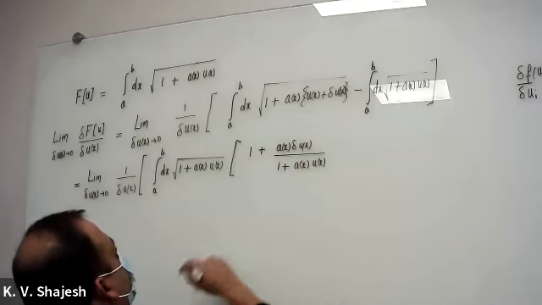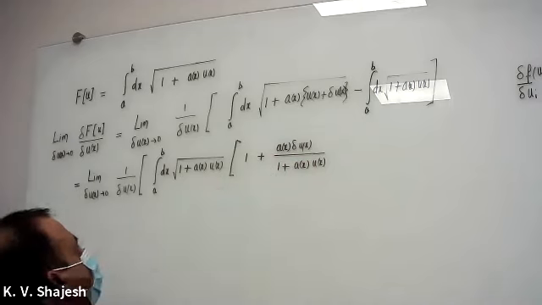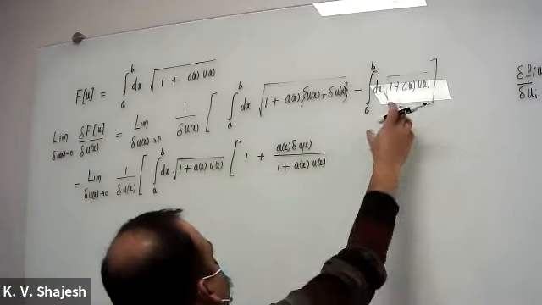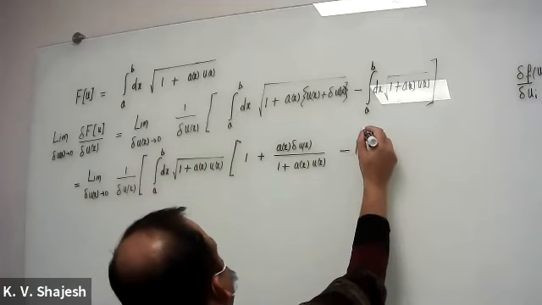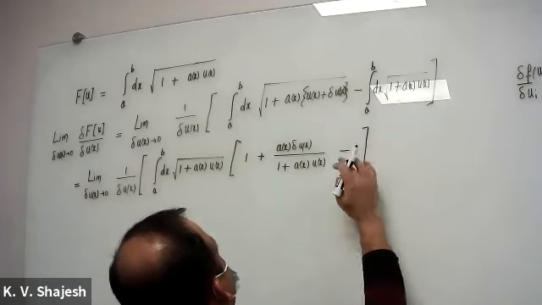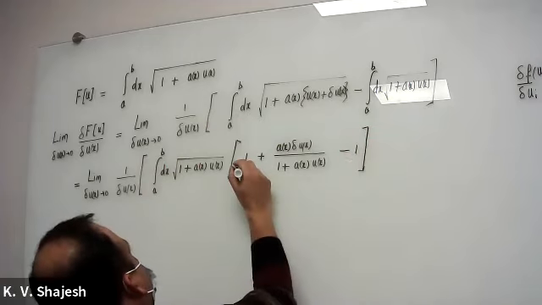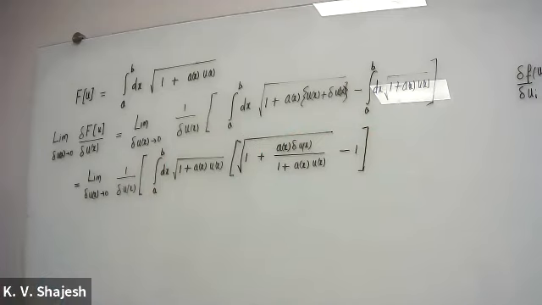So this is 1 plus that, and this whole thing has been already taken out, so this is minus 1. Did I do this correctly? No, there's a square root also, right? Okay, is that right? Any questions there?